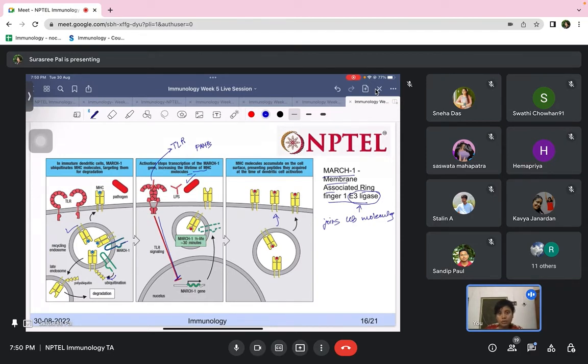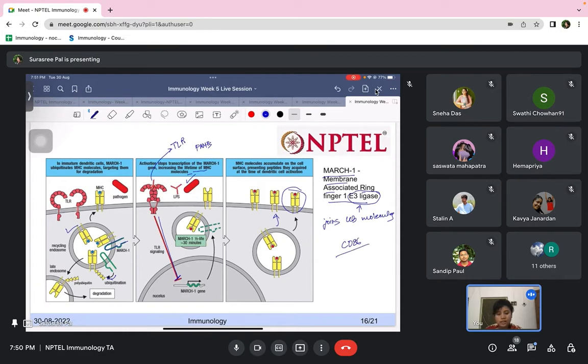Now this activated dendritic cell can accumulate these MHC class 2 antigenic peptide complexes on its cell surface, produced during the encounter with the pathogen, and these dendritic cells will travel to the lymph nodes, where they deliver this signal to the T cells. Also, this decrease in expression of March1 regulates CD86 expression.